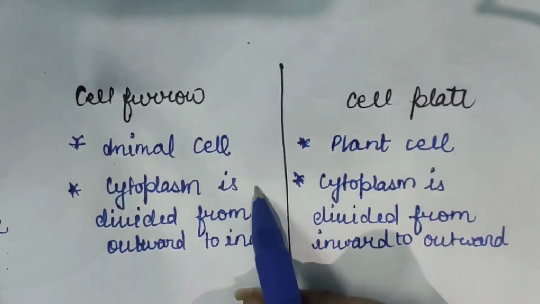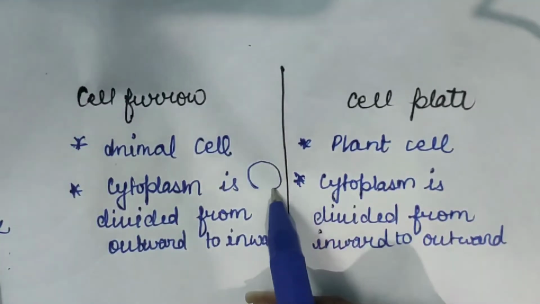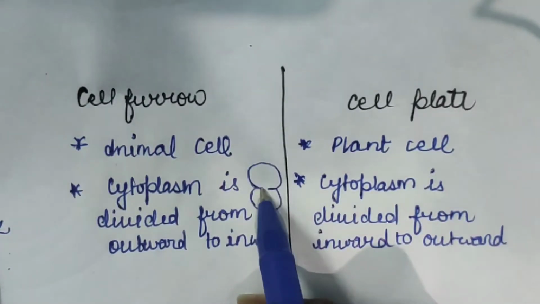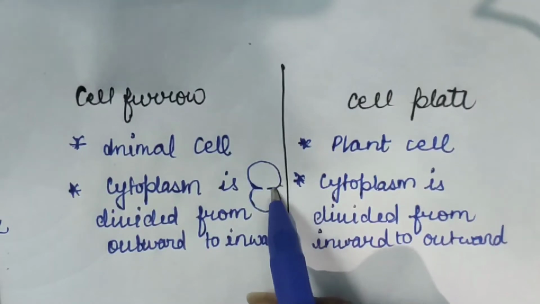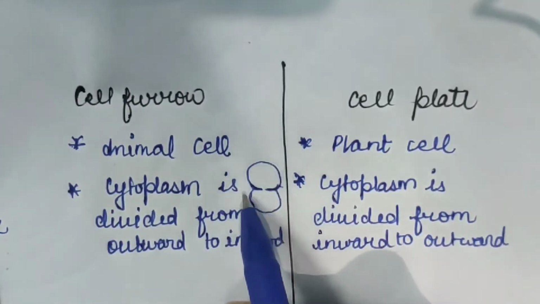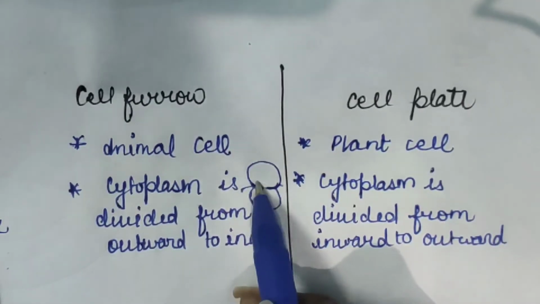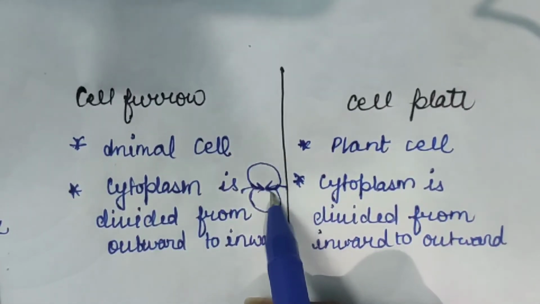As in that point, whenever the cytokinesis takes place in animal cell, the furrow formation takes place, of course. So here, due to the furrow, the cell membrane is moving towards the inside of a cell. That's why from outside to inside the cytoplasm is going to be divided.